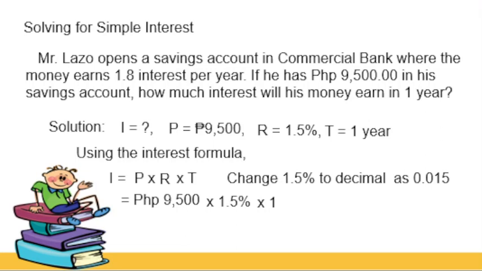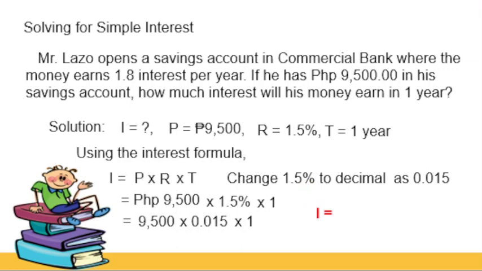Once you multiply that by 1, the number will still be the same because 1 doesn't have any decimal.